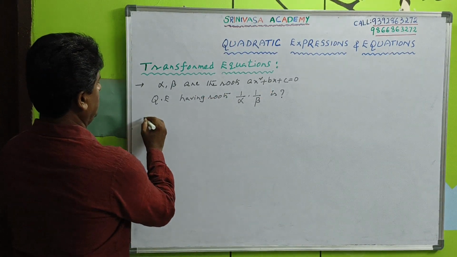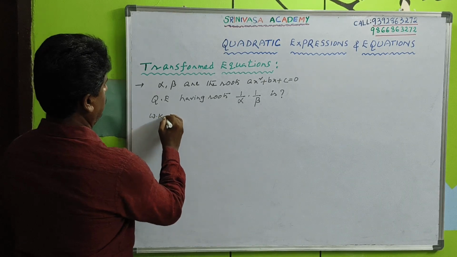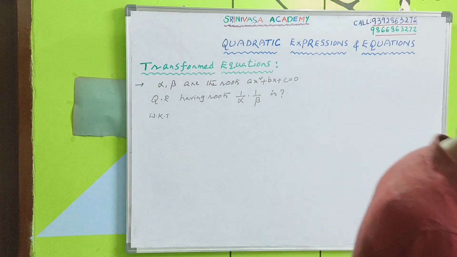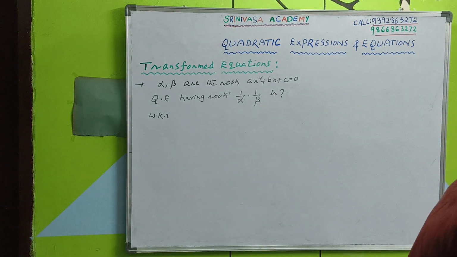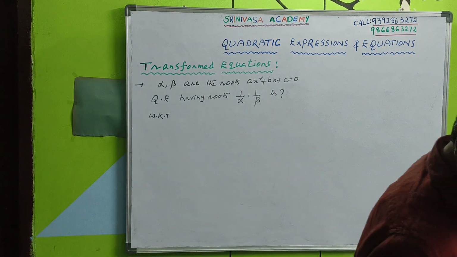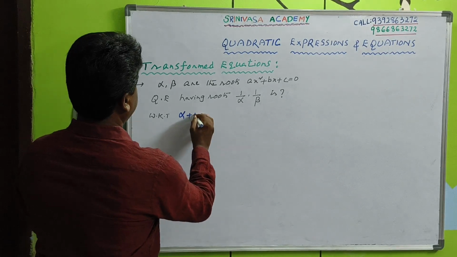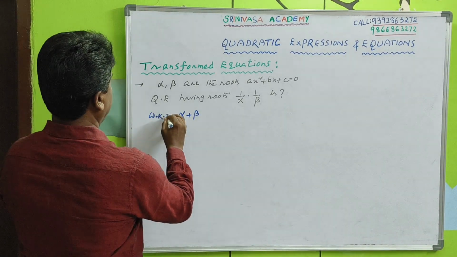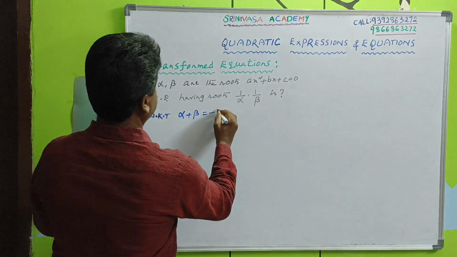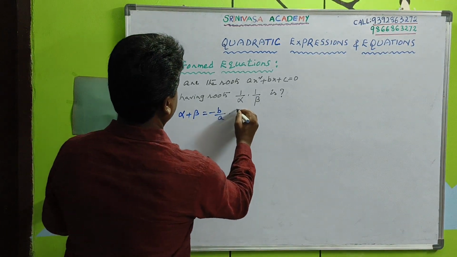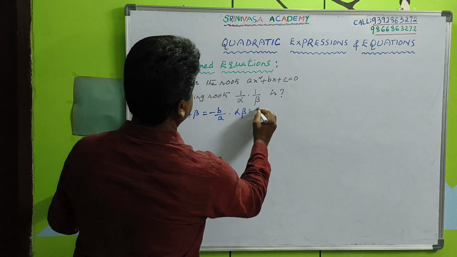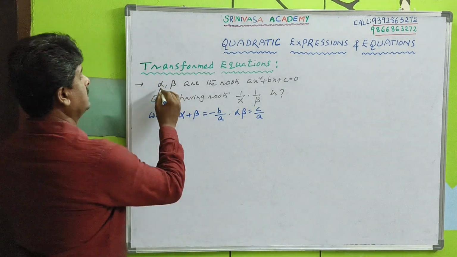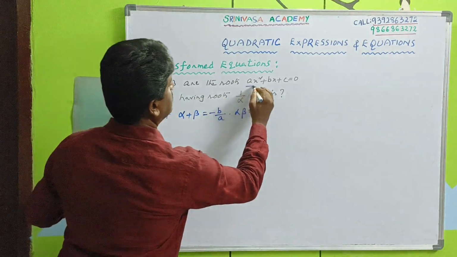We know very well that alpha plus beta is equals to minus b by a, alpha beta is equals to c by a, given already, as alpha, beta are roots of this equation.